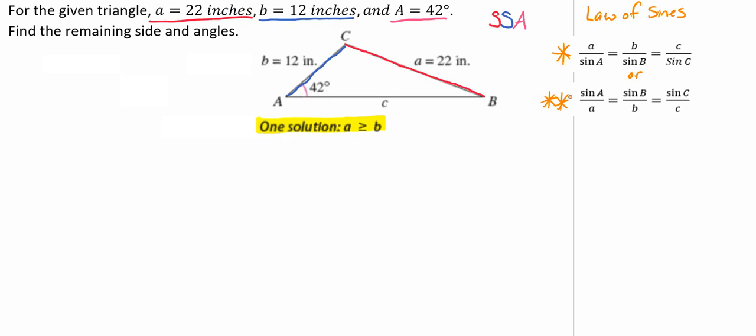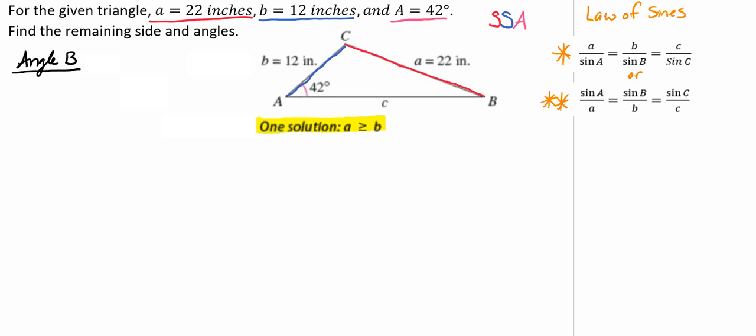So let's look at what we've got here. We have angle A and side A, and we have side B, but we need angle B. Because we're looking for an angle, we want to use the reciprocal of our law of sines. So let's set that up.